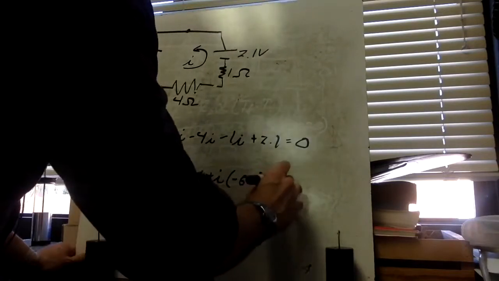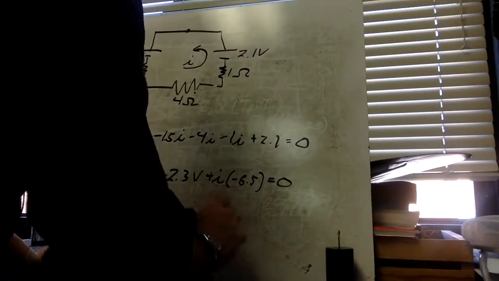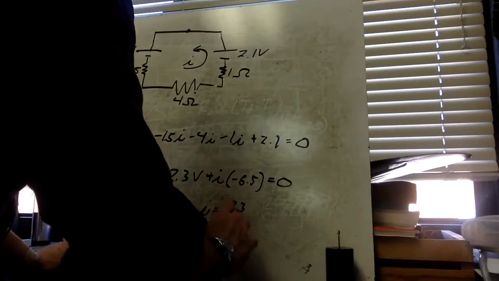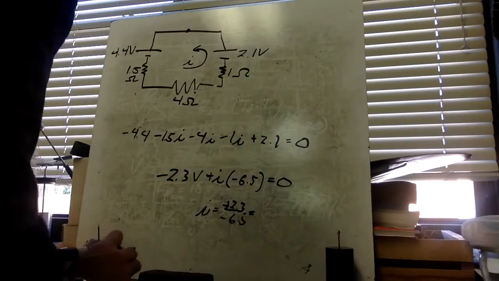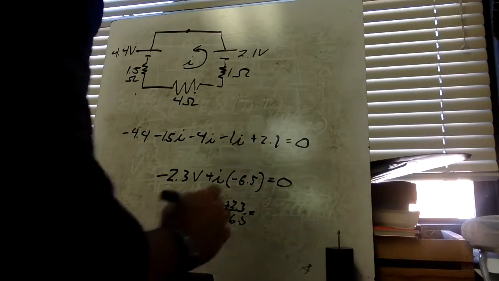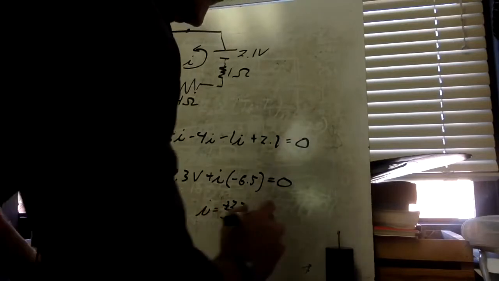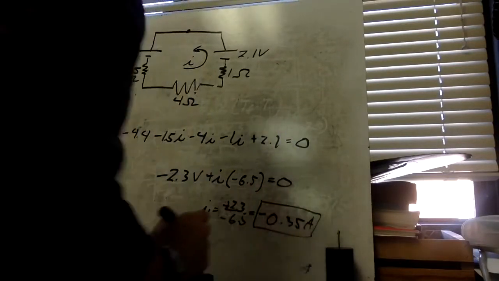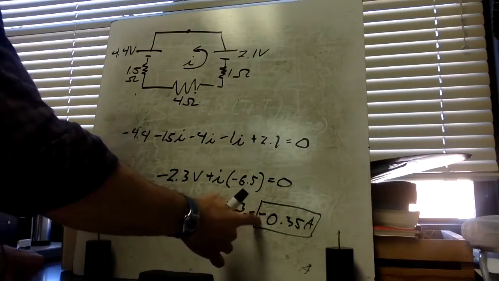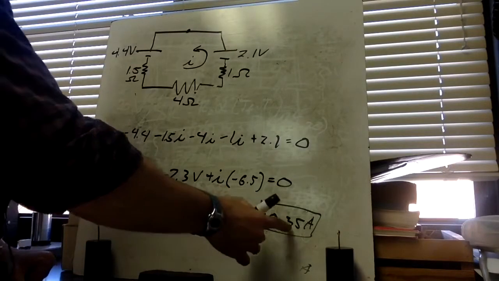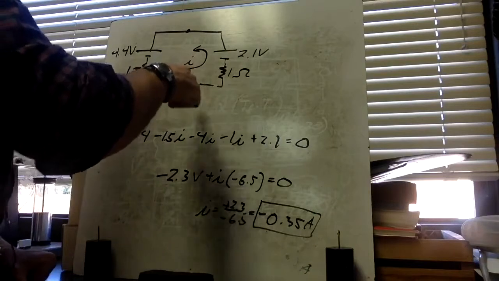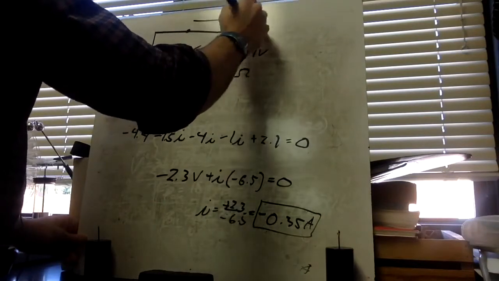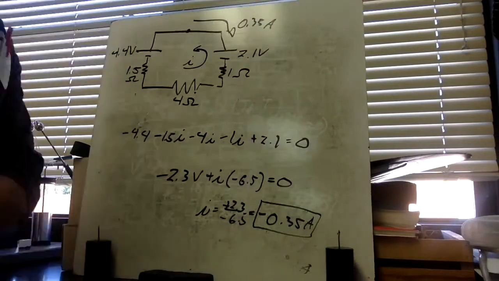And when I solve this for I, this ends up being positive 2.3 over negative 6.5, and we end up with negative 0.35 amps. What does the negative mean? The negative means we picked the wrong direction for the current. But this is the magnitude of the current, so the current here is really this 0.35.